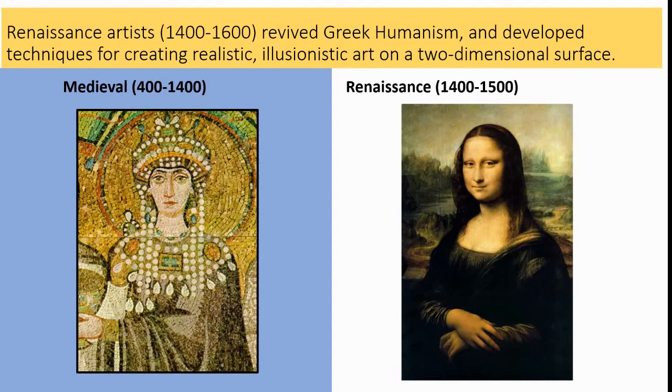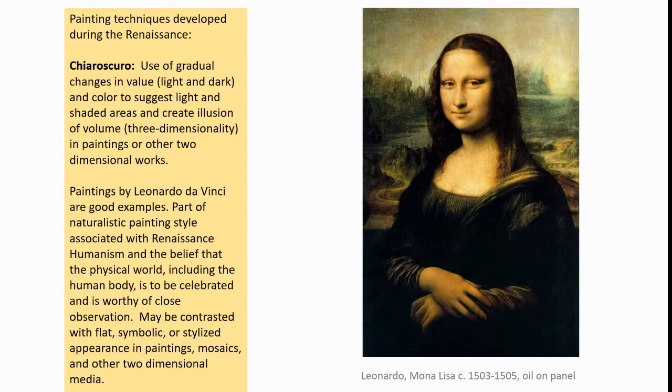The medieval portrait on the left is much more flat and stylized and symbolic, whereas the Mona Lisa on the right is naturalistic, based on observation of an actual person in a space with light and shadow. Chiaroscuro, again, is the use of gradual changes from light to dark to create that sense of rounded surfaces as the light falls on them.